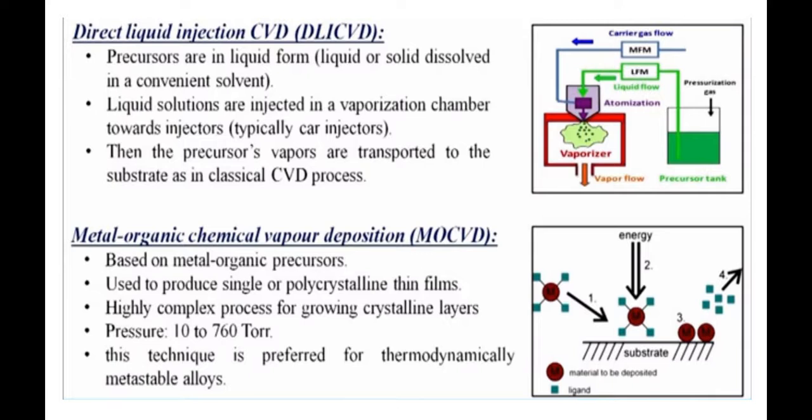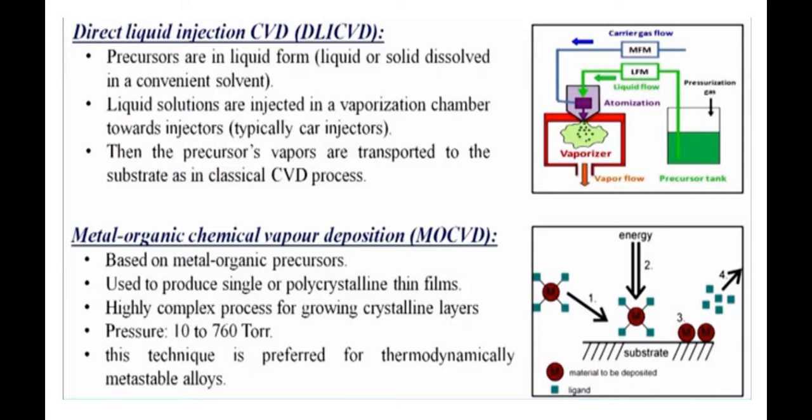Then the precursor vapors are transported to the substrate, as in the classical CVD process. The simple thing is that a car injector is nothing but the fuel directly coming and injecting into the engine itself. So we are using a certain kind of injector over there. That is continuously injecting the oil and mixture, and the burning continuously takes place. The same thing we are doing over there also.